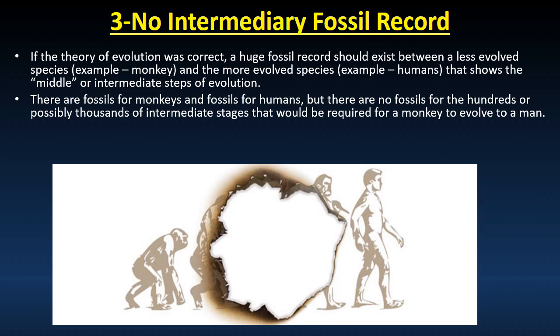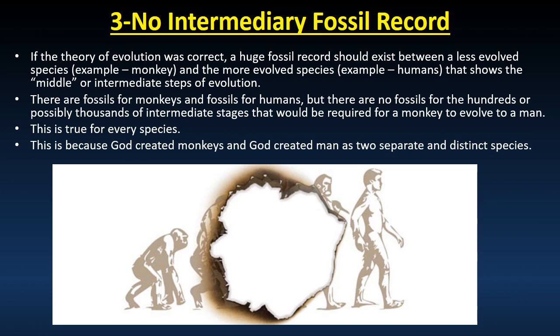So there are fossils for monkeys and there are fossils for humans, but there are no fossils for the hundreds or possibly even thousands of intermediate stages that would be required for a monkey to evolve to a man. This is true for every species. There are no intermediates for any species. And this is because God created monkeys and God created man as two separate and distinct species.